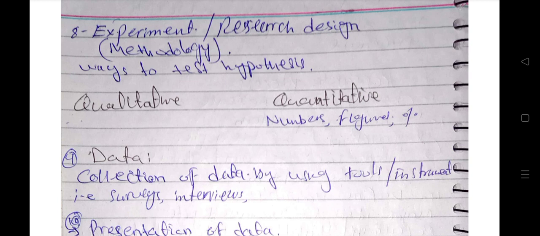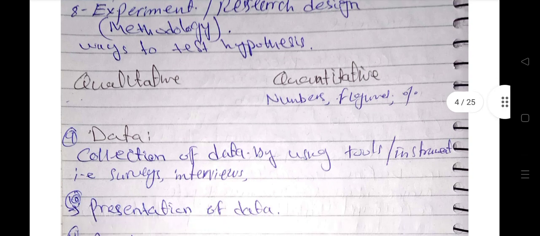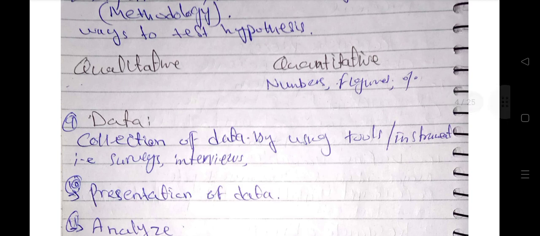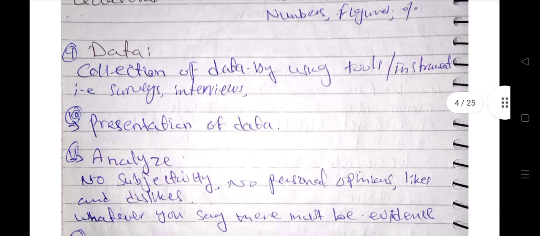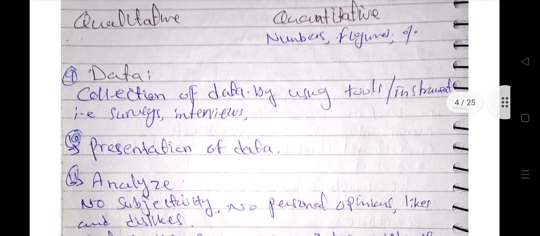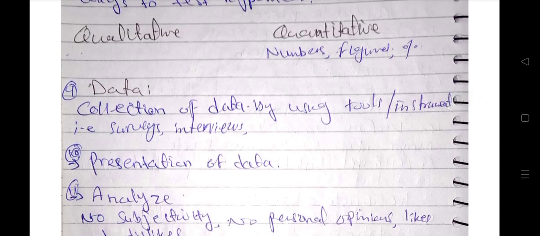The methodology, the type of research that you will conduct, whether it will be quantitative or qualitative. So I'll also discuss these types. These are very important, and we will differentiate between them as well. And there is another type as well, which is called mixed method.